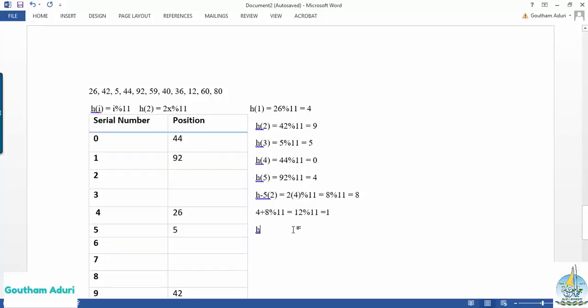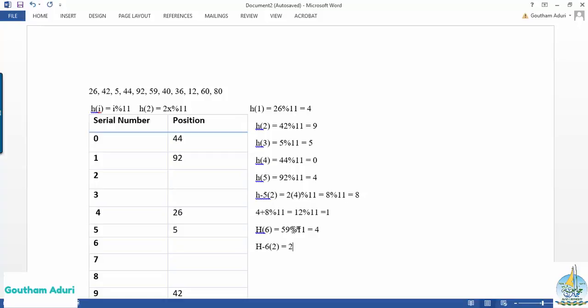Now I'll calculate h of 6. It's 59 mod 11, which is 4. 4 is getting a collision. So now I have to use h6 of 2, the secondary hash function, which is 2 into x mod 11.